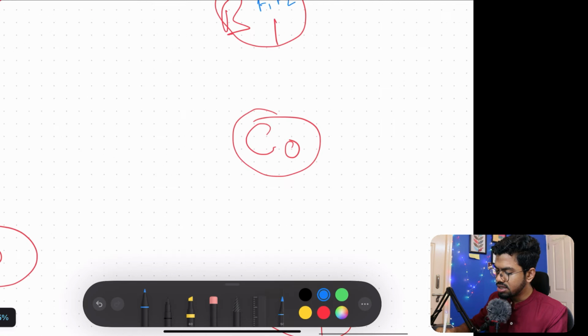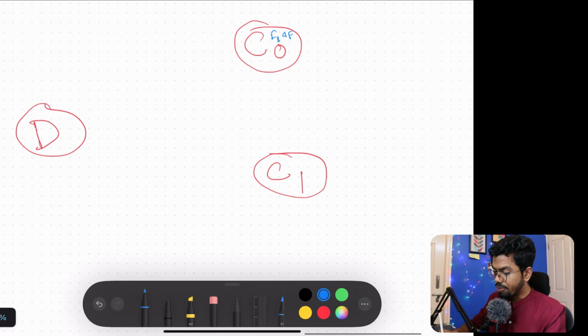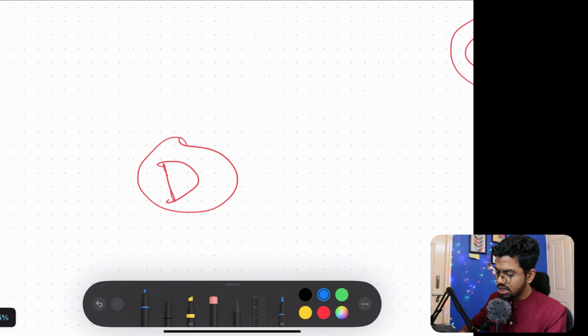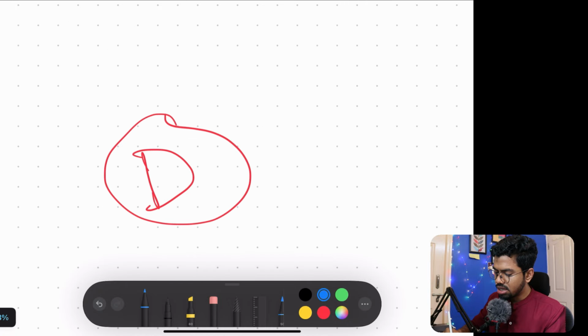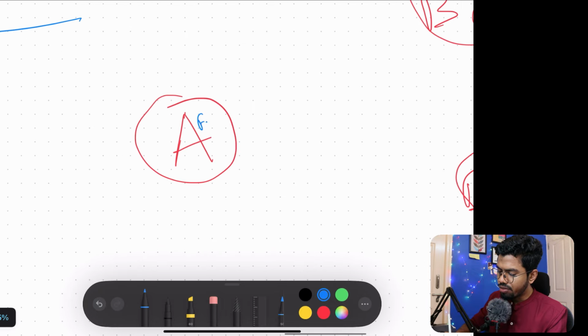Likewise, if it is C0, you are coming from top to down, so that time F1 and delta F will be on, and anytime you are at C1, that time only F1 would be on. Anytime you are at D, no tap would be 1, and anytime you are at A, your F1, F2 and F3 would be 1.